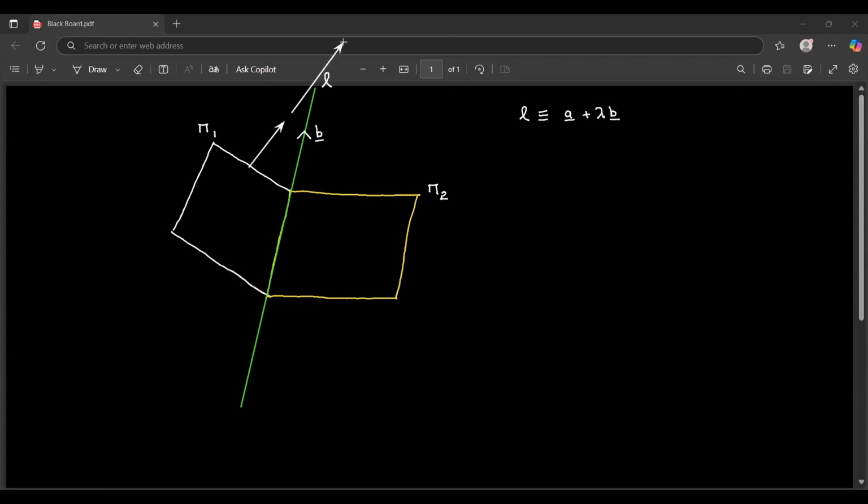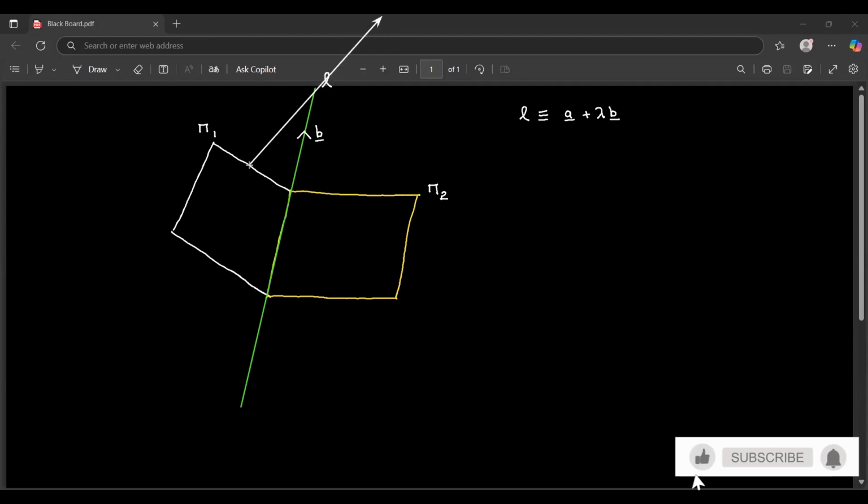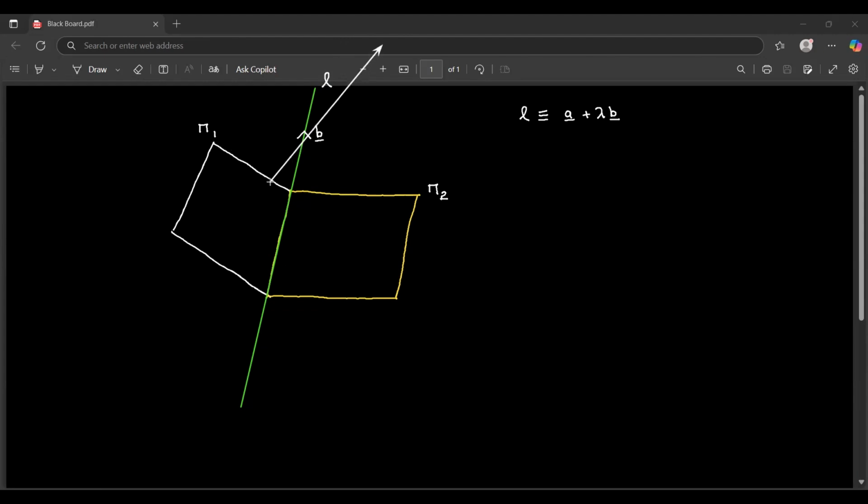Let's say this is n1, which is perpendicular to the given plane. It should be a little bit this way. Let's draw it here, no worries. Yeah, this one is perpendicular. So this is vector n1. So pi 1 is perpendicular to n1.